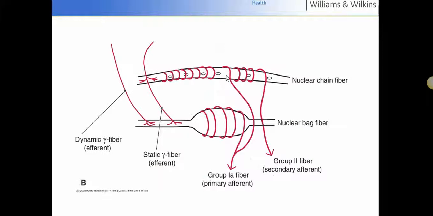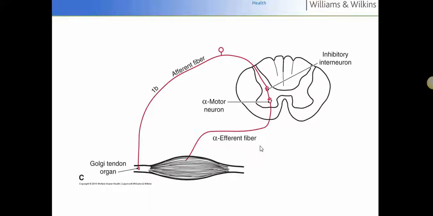So these are, as I said, intrafusal muscle fibers. There are different types: the nuclear chain fibers and nuclear bag fibers. Irrespective of whether it's nuclear chain or nuclear bag, they are wrapped around with the annulospiral endings that pick up the information. So it's the same thing.